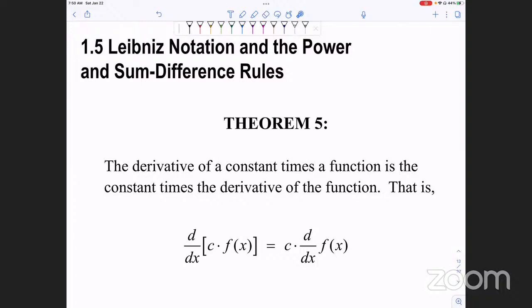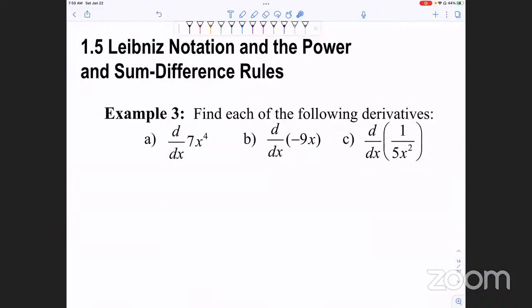So the derivative of a constant times a function is the constant times the derivative of the function. This is just a theorem: the constant can go in front of the derivative. Find each of the following derivatives.